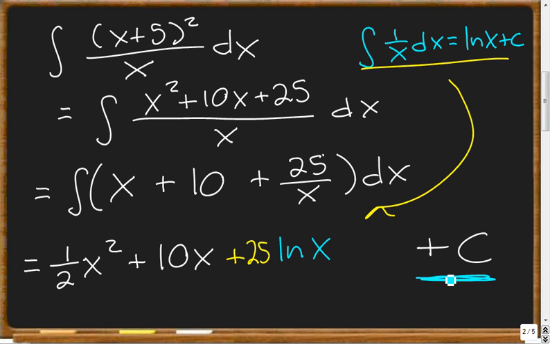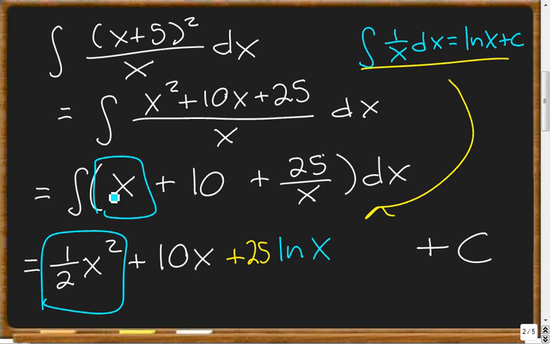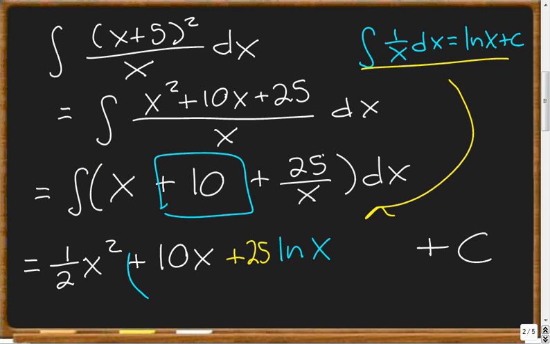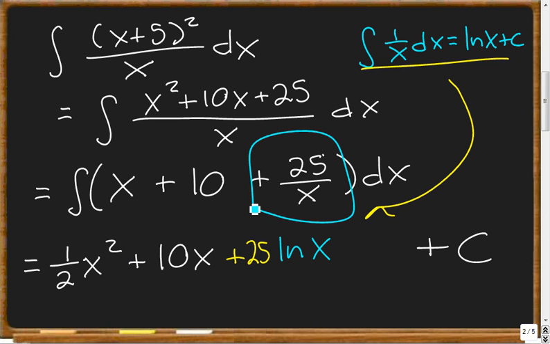Again, we said the plus c was over here. So your whole answer here is going to be the 1/2 x squared that comes from the integral of x. We have the integral of 10 is 10x. And the integral of 25 over x is going to be 25 natural log of x's. And then we have the plus c at the end.